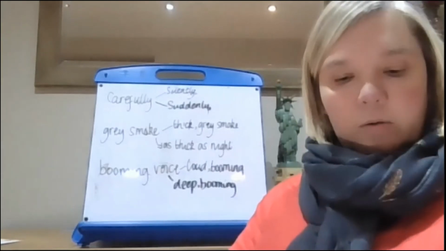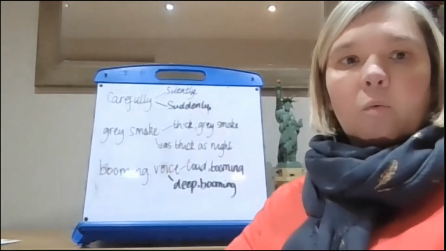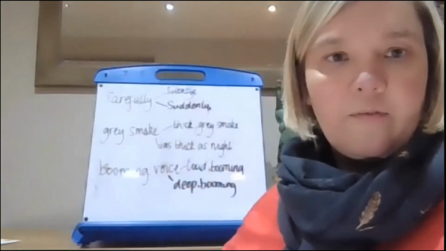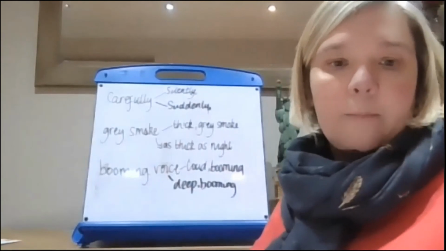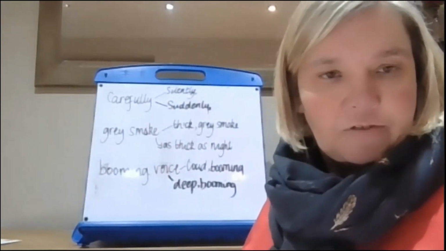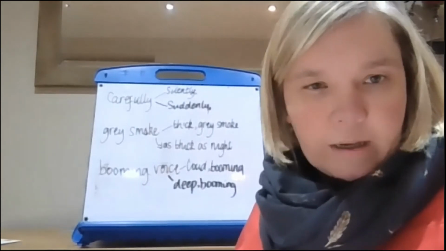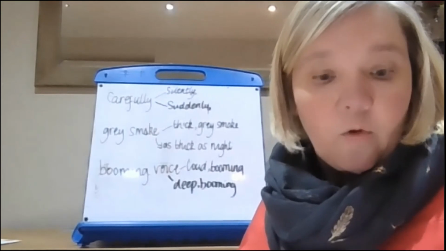So what we're going to do now is we're going to up-level our words. Okay, we are going to take those words that we have found through the piece of writing, and we are going to start adding extra little bits of information. We are going to make this even more interesting than the story is already.